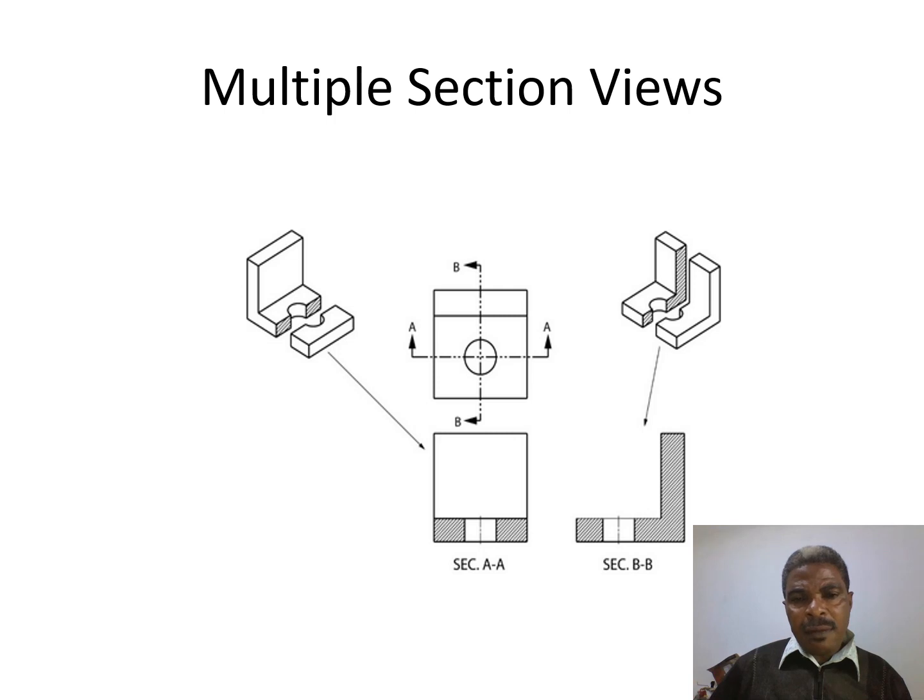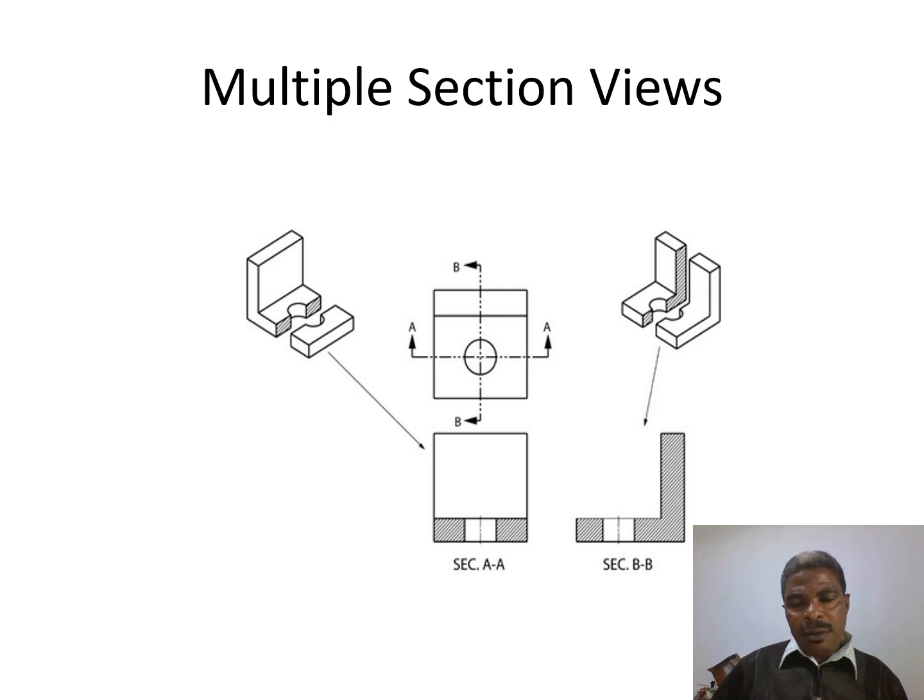Both are cutting on the plan view. So the section will be indicated on the front view and end view. So you can see here the section AA with a cutting plane laid AA.